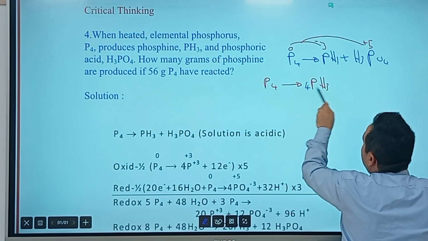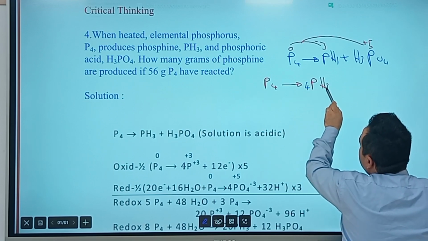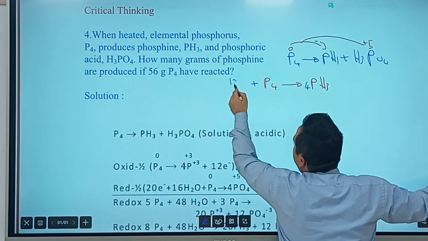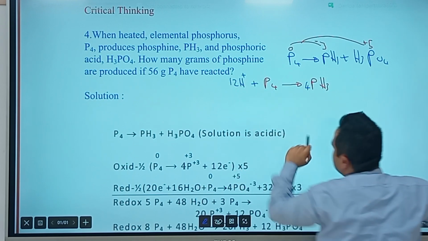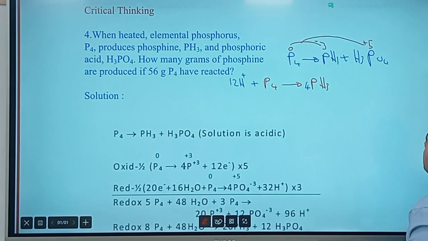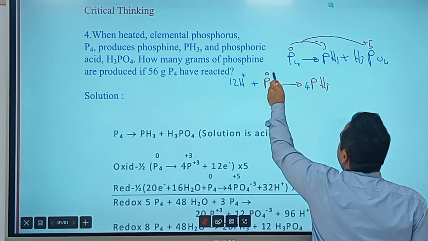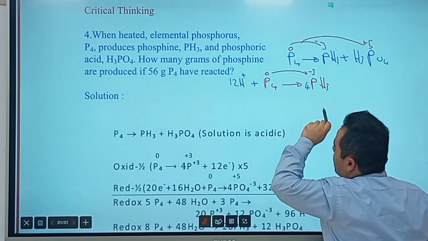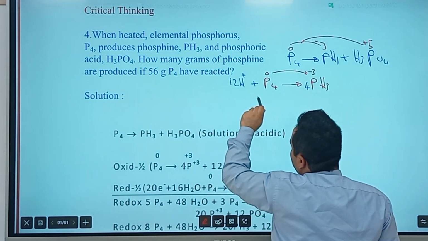What happens to the proton number? In the product we have got 12 protons, so add 12 protons to the reactant as well. This reaction is what, guys? Is it oxidation or reduction? Of course it's reduction, because 0 goes to -3, so that's why we have to add the electron to the reactant side.